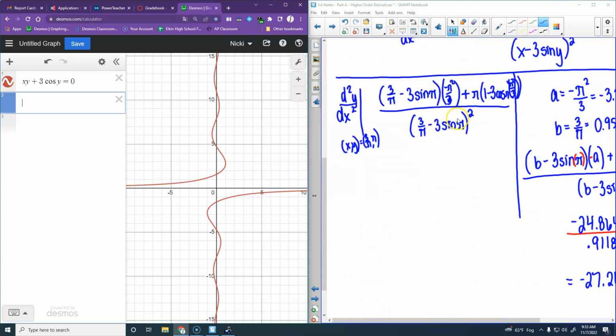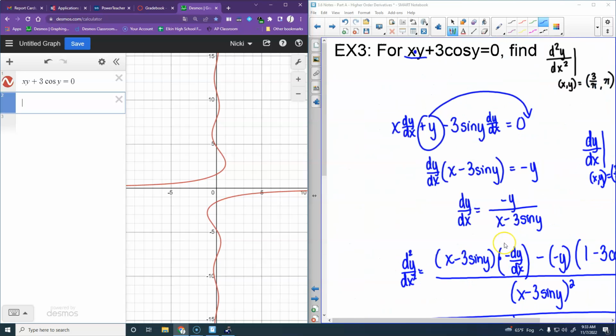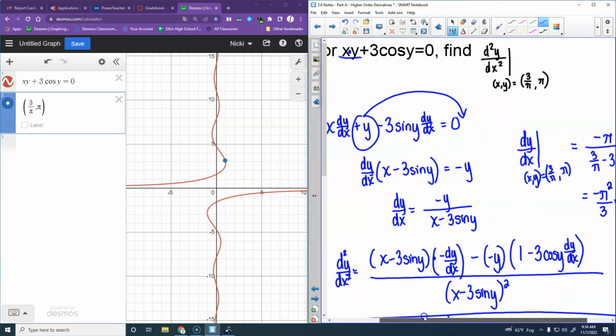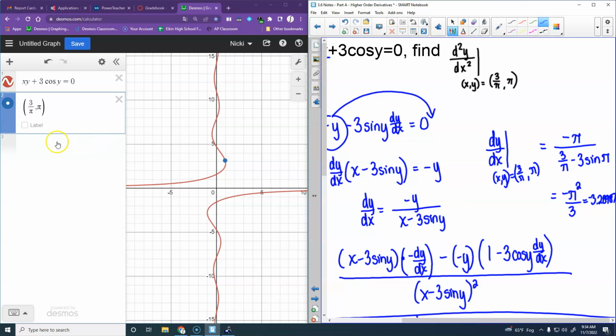Where's the point? Our point is at 3 over pi. Well, here's our problem: we're looking at the second derivative, not the first derivative. So we could make sure our tangent line is correct.